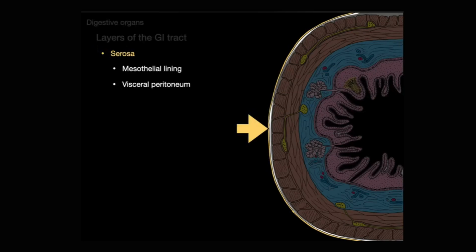This is important because it secretes a thin layer of serous fluid, which acts as a lubricant and reduces the friction between the abdominal organs during movement. So think of this as the serosa layer that has the serous membrane, and it secretes serous fluid to lubricate or reduce friction.